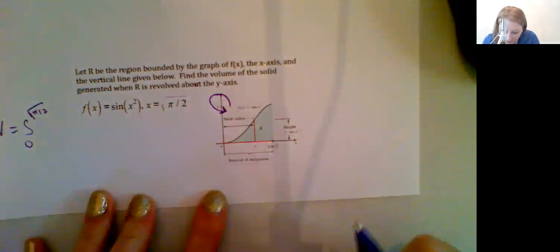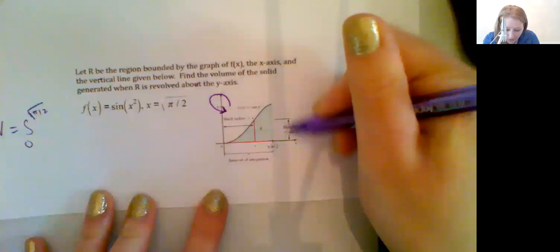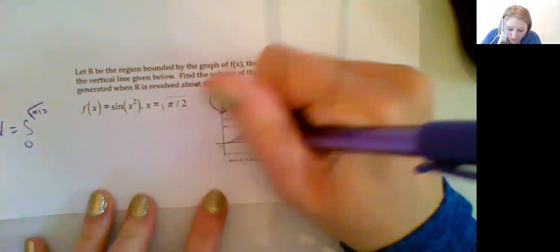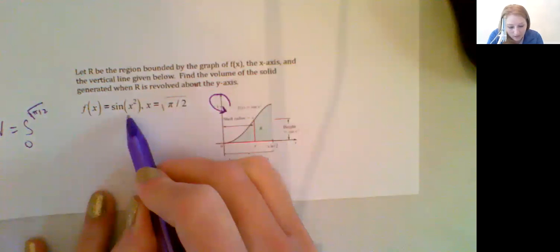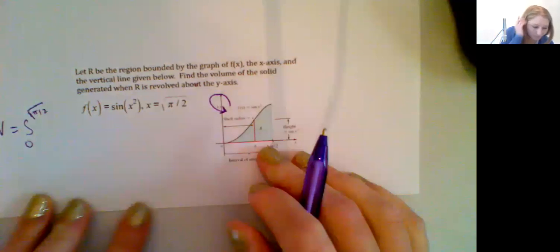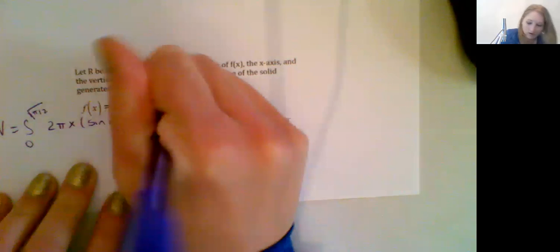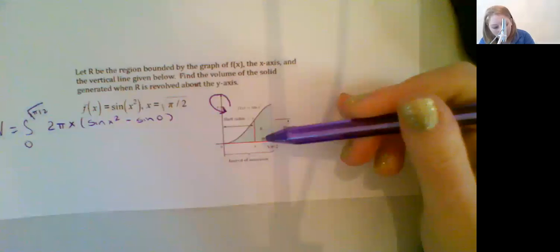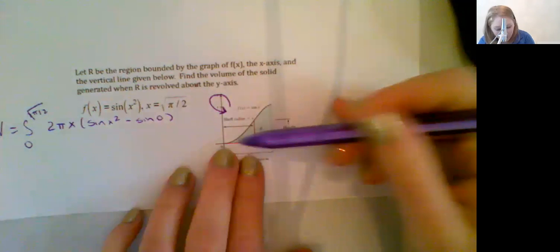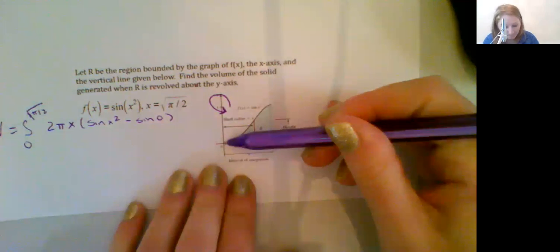And our height is our function represented by this line here, which in this case is sine x squared, okay? So we're going to say 2 pi x, and we have sine x squared minus sine of 0. All right, sine of 0 because that's the lowest that our x value goes, okay?